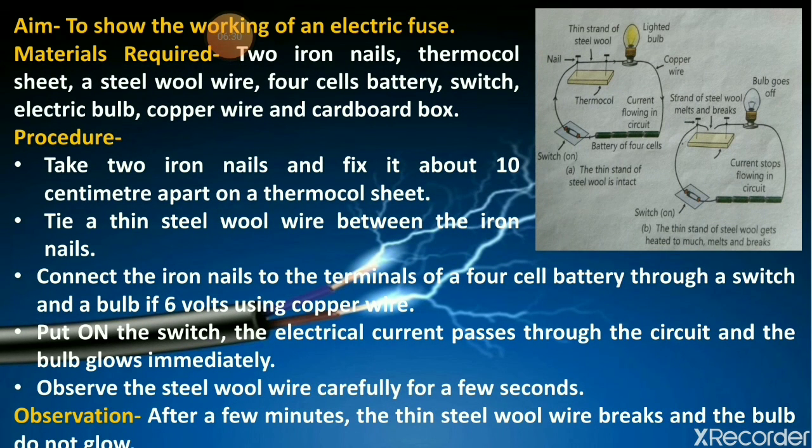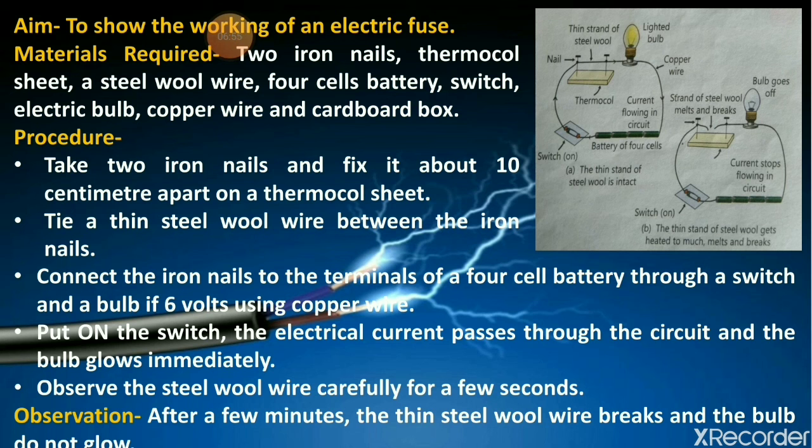Now, one activity is given to show the working of an electric fuse. For this you require some materials: two iron nails, a thermocol sheet, a steel wool wire, a 4 cell battery, a switch, an electric bulb, copper wire, and a cardboard box.